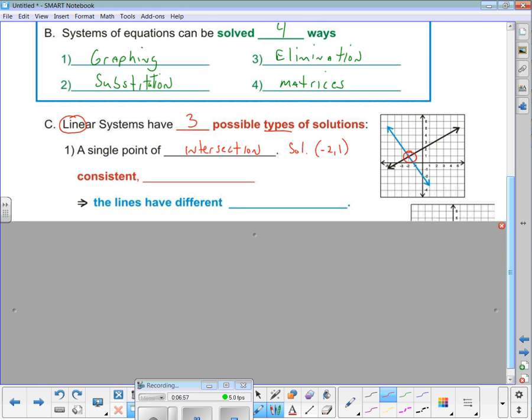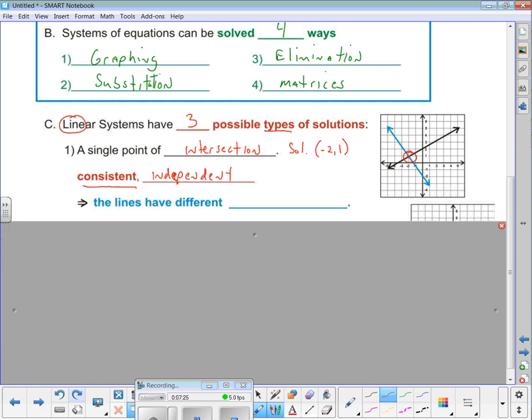Do you guys remember what these are called? They're called consistent and, do you remember the second word? The second word is independent. Consistent and independent. The word consistent means there is a solution. Independent means it's a single point solution.